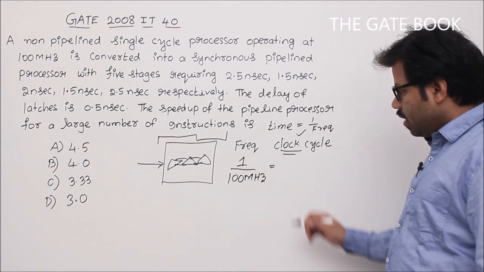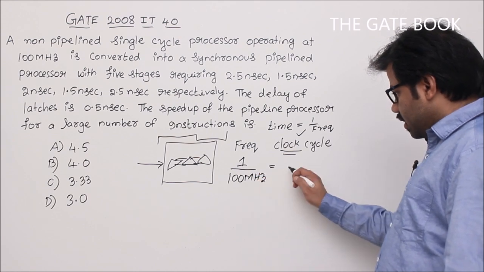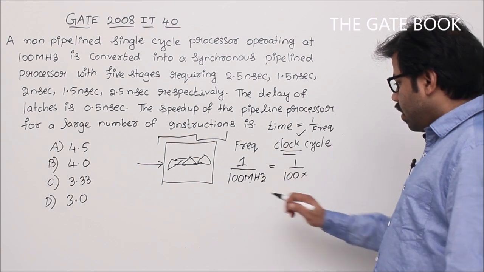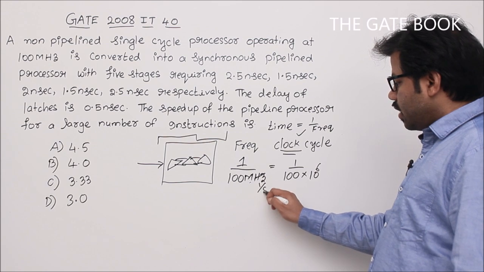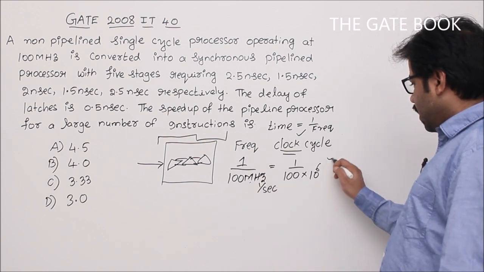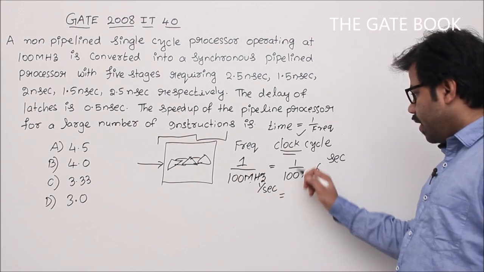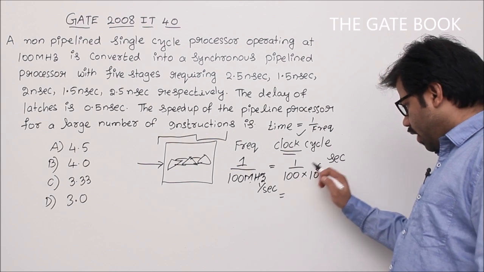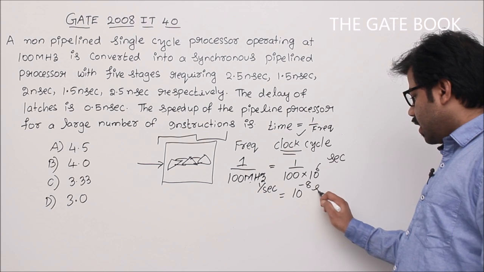If I simplify it, it is 1 by 100 megahertz. Mega means 10 to the power of 6, and hertz means 1 by second. So it becomes 1 by 100 into 10 to the power of 6, which is 1 by 10 to the power of 8, so 10 to the power of minus 8 seconds.